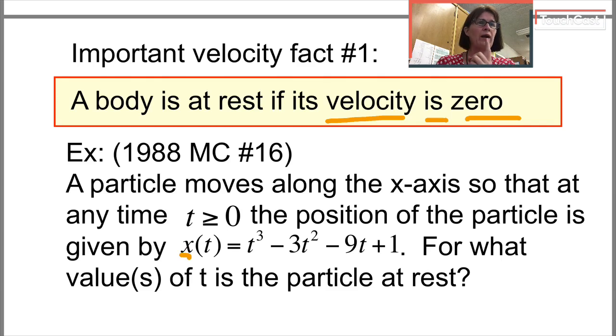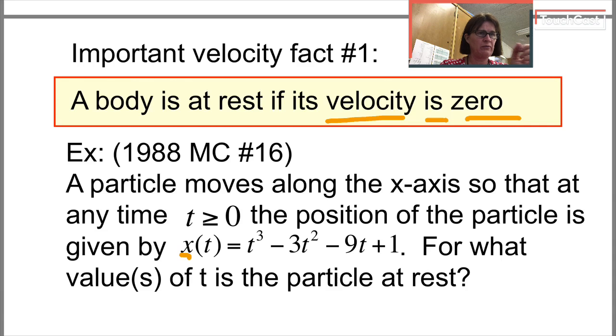A particle is just a physics name for something that has space, but not that much space that it takes up. Something is moving along the x-axis. So it might move and then move faster, or it might move back and forward, but it's moving along the x-axis, so its position I can give with an x value. That's why I've decided to call the function x of t, because the output is an x value.